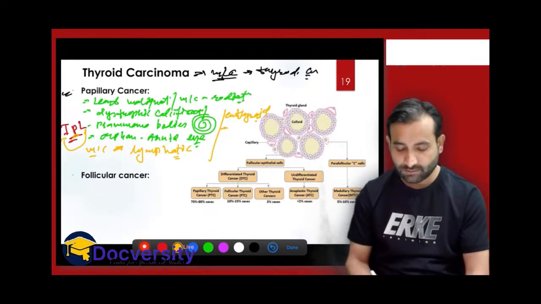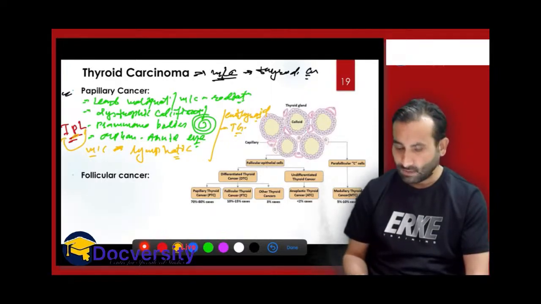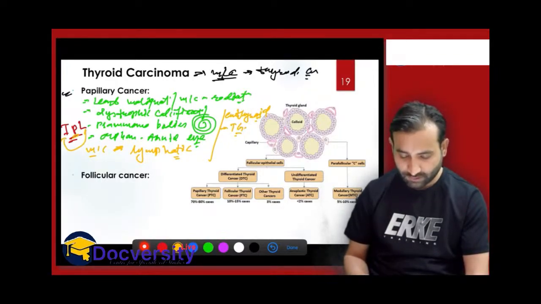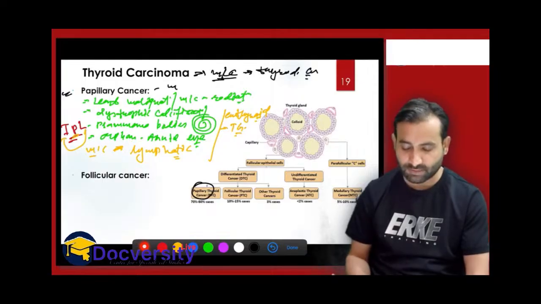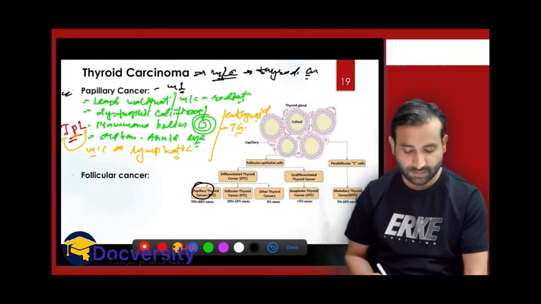And the tumor marker in this case is thyroglobulin. Please remember this one. Another point you should remember is that papillary is the most common type of thyroid cancer.